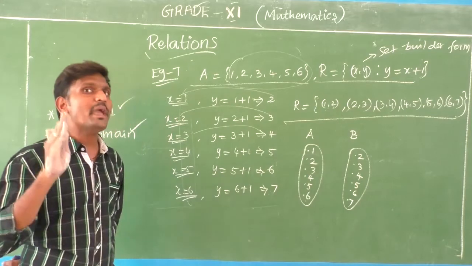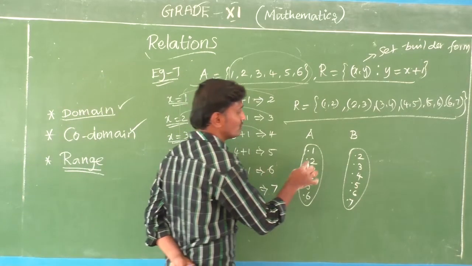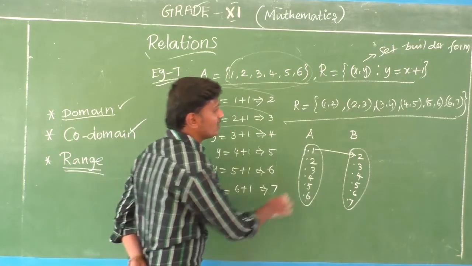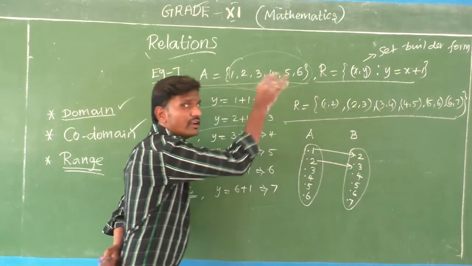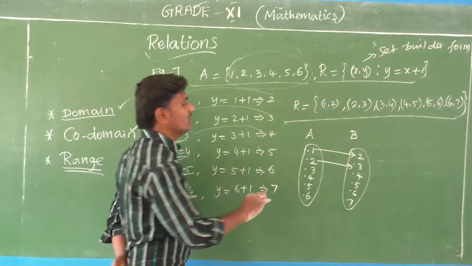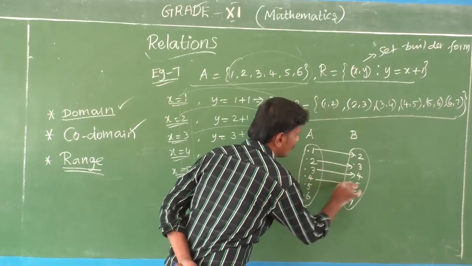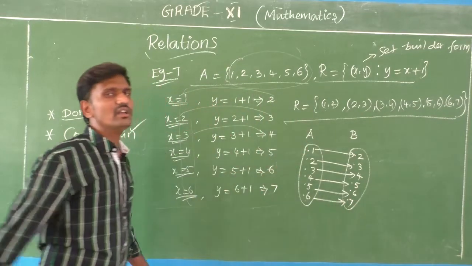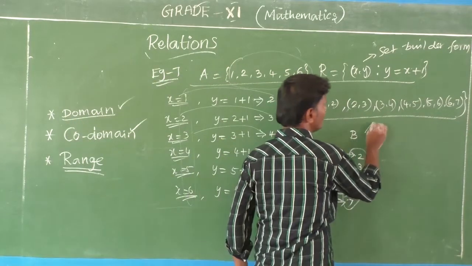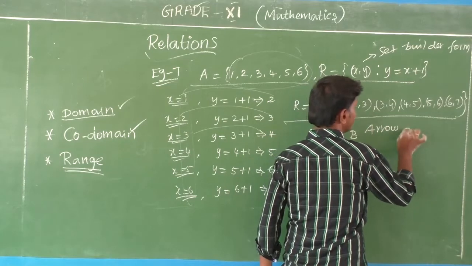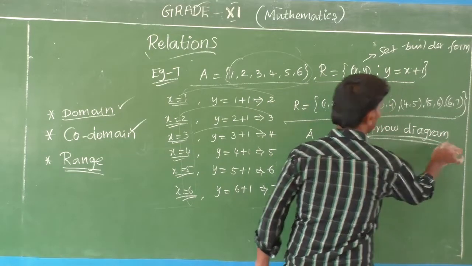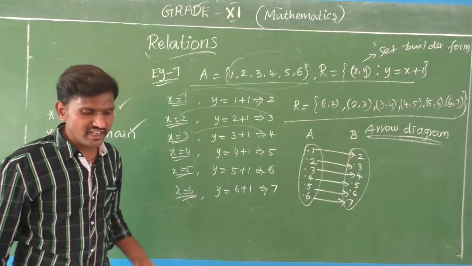Now I am going to do the mapping. 1 goes to 2, and 2 goes to 3, because of the ordered pairs. 3 to 4, 4 to 5, 5 to 6, 6 to 7. So this is your arrow diagram. Have you got it, children?